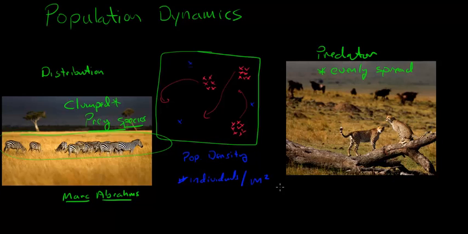So it's going to be in meters squared for something small, like a mice, or it's going to be number of individuals per kilometer squared, say for something like zebras and large predators here. And we're just looking at the number in an area in a square kilometer, square meter, and that number then, the density is those number of individuals divided by the area.